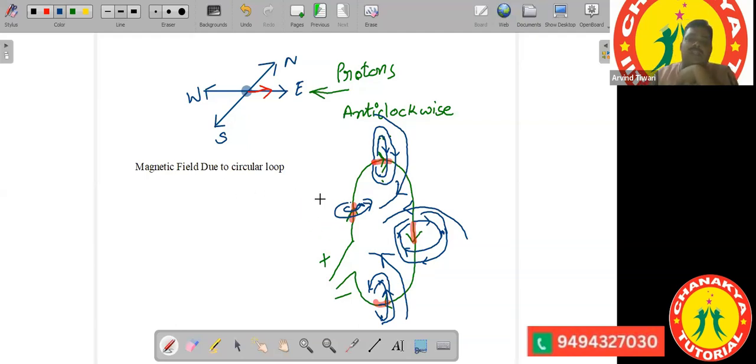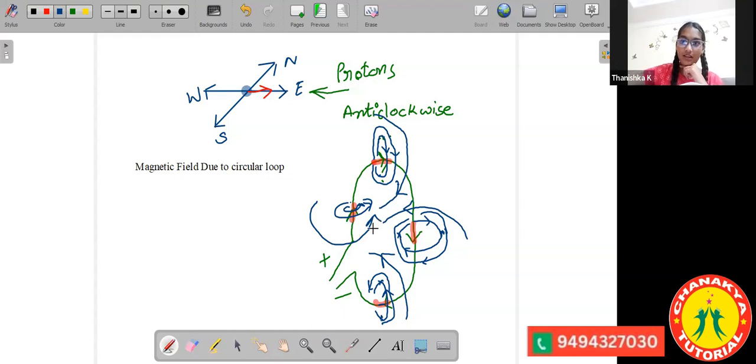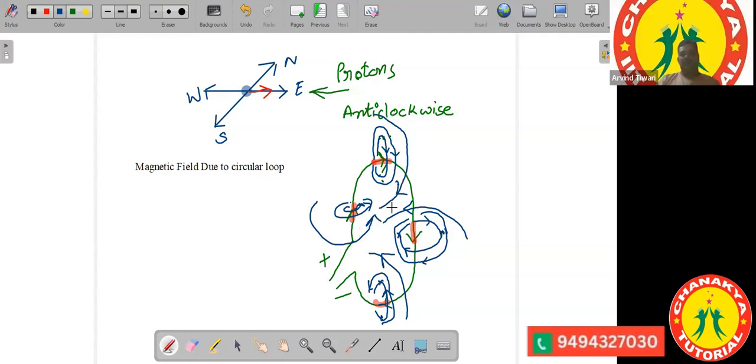Are all these magnetic field lines moving into the circle or not? Yes, sir. Okay, this one is also moving into the circle. This one is also moving into the circle.